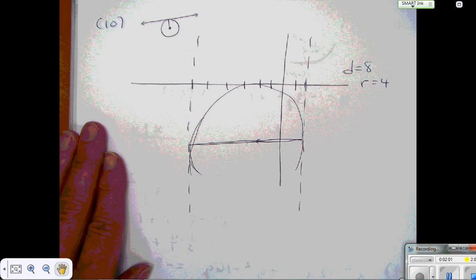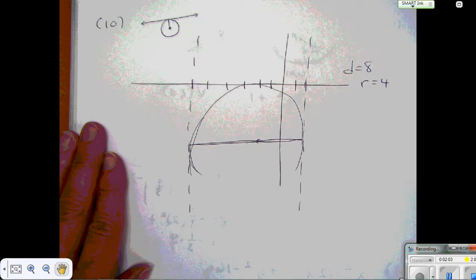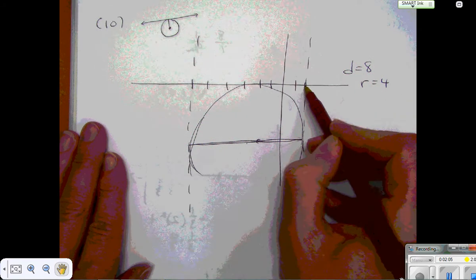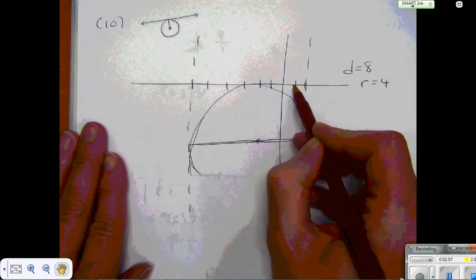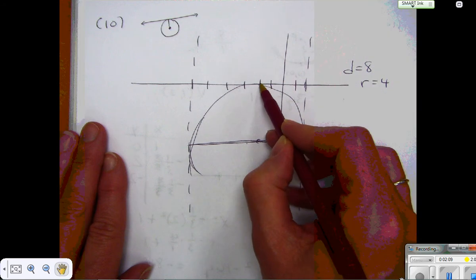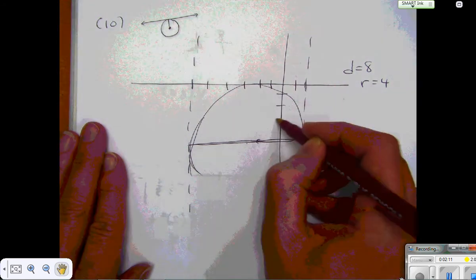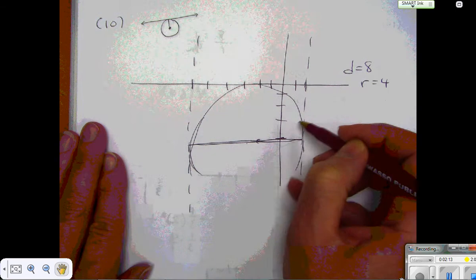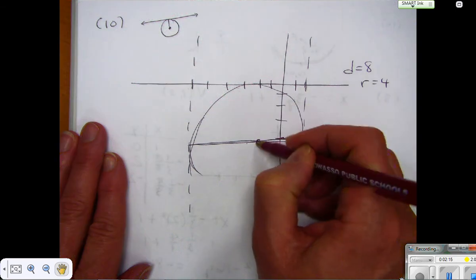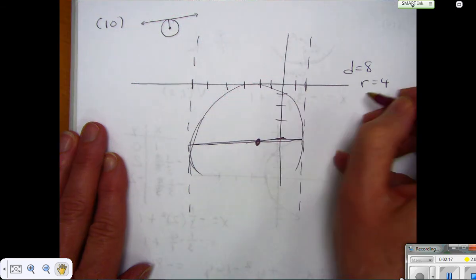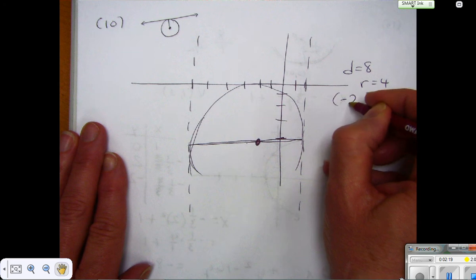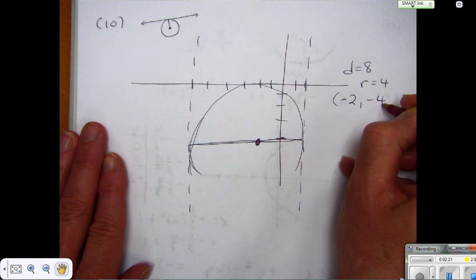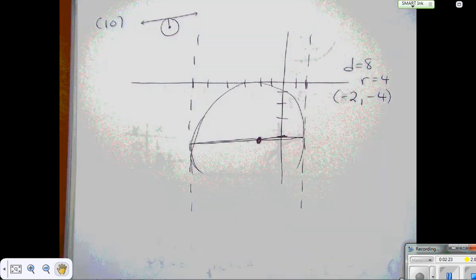So I can use that radius to help me figure out where the center is by counting from one side of the circle over 4 units and then down 4 units. That's a big unit, but so the circle, the center's right there at -4. X is -2, or H is -2, the K is -4.